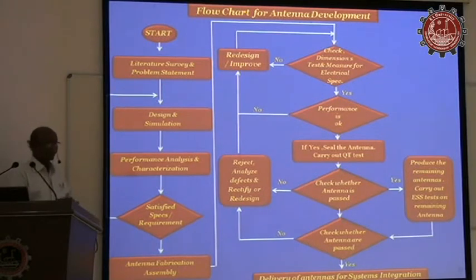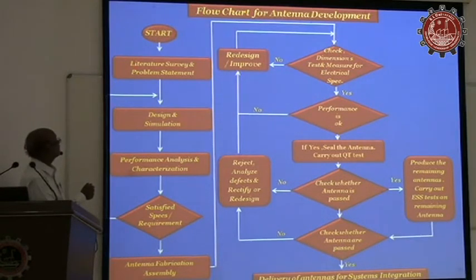Okay, now from here onwards I will go for the design. How you go about the design of the antenna once you are given the specification and requirement. You see, once you have been given the specification and application, then first your starting point is literature survey.